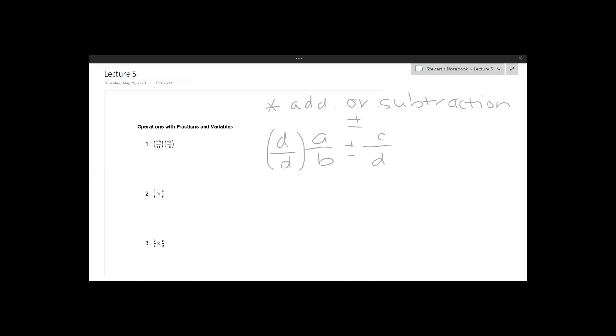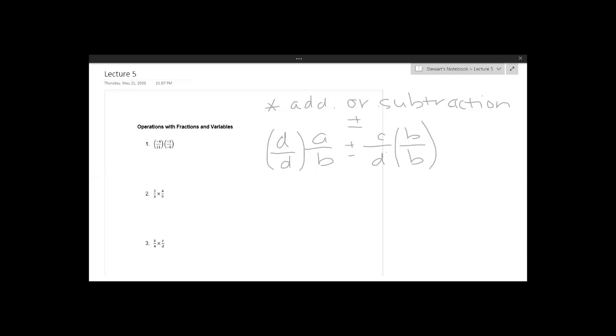And then we're going to multiply this fraction over here by b in the top and bottom, or numerator and denominator. The reason for that is the rule: whatever you do to the denominator of a fraction, you have to do to the numerator as well.